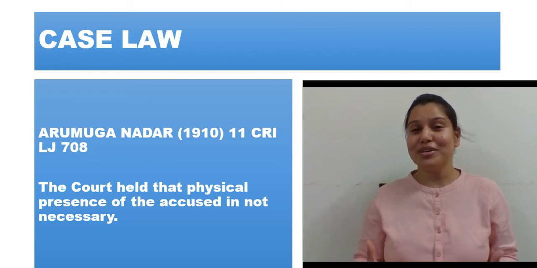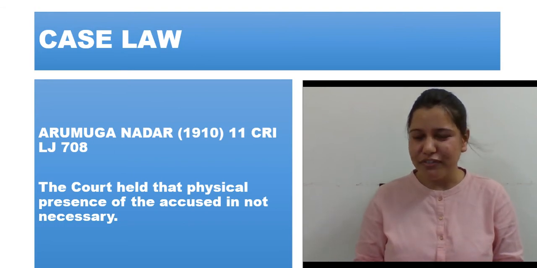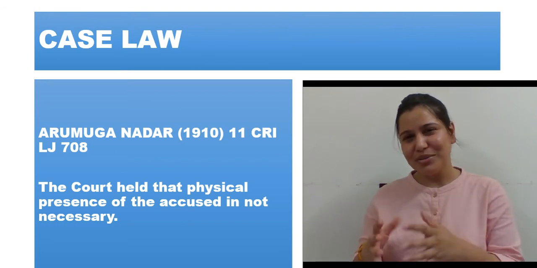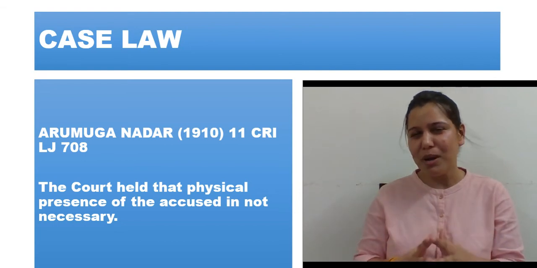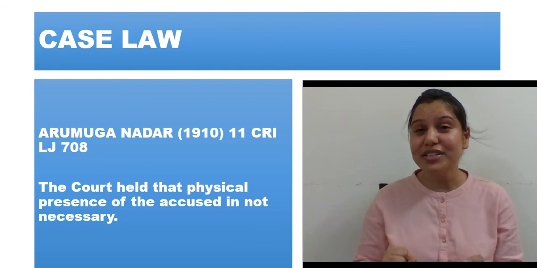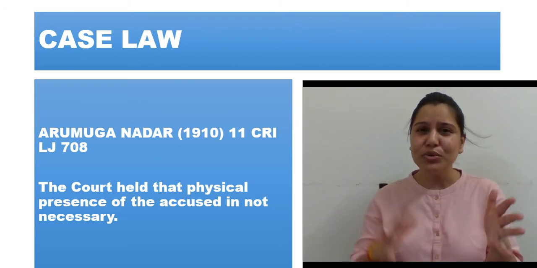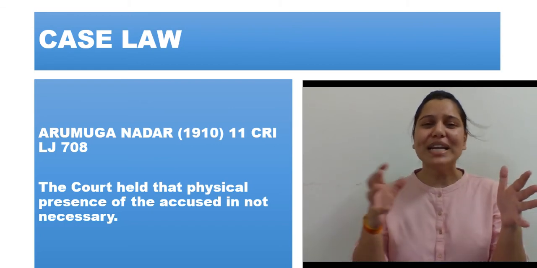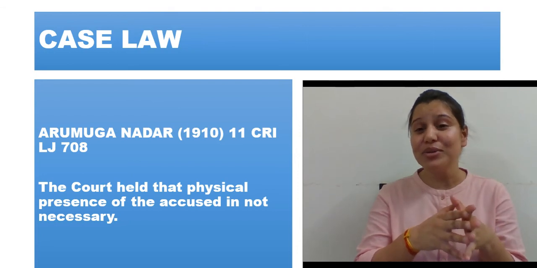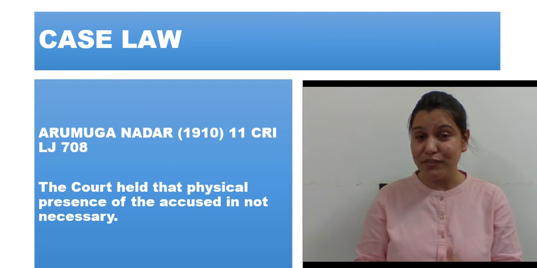Now in general, it is very difficult to find out whether that particular situation amounted to an offense. Now here, whenever you see a situation, you just need to see the ingredients of every offense, and then you need to put that situation completely into the ingredients, and then you'll have to see whether it is fulfilling all the requirements of the section.